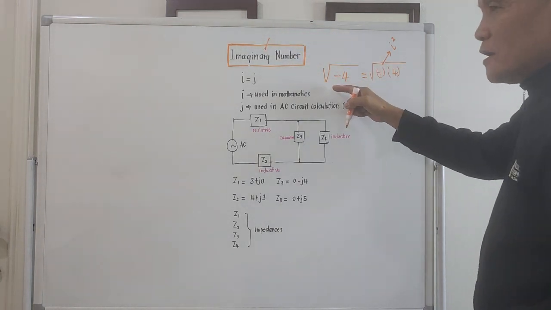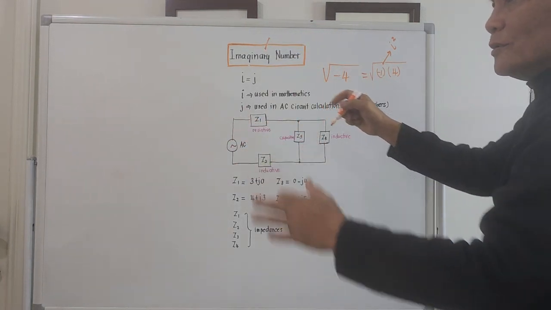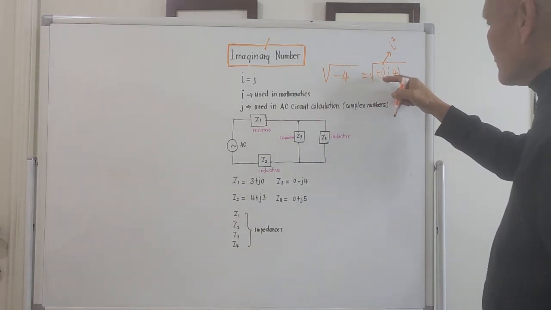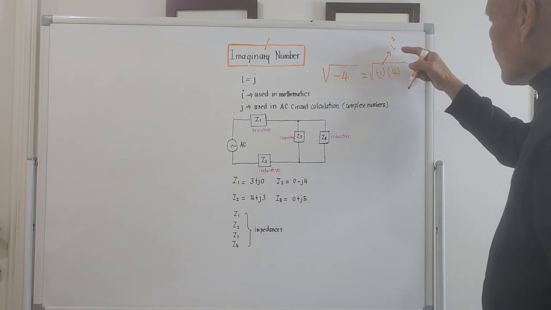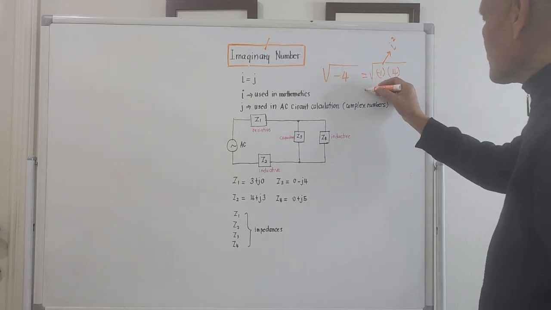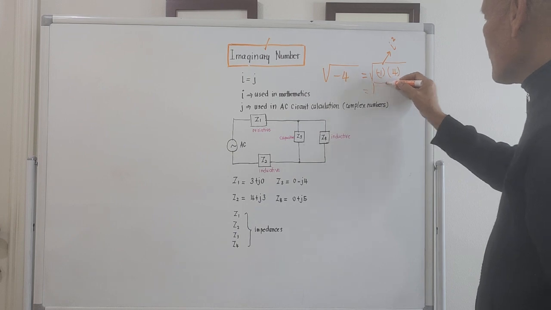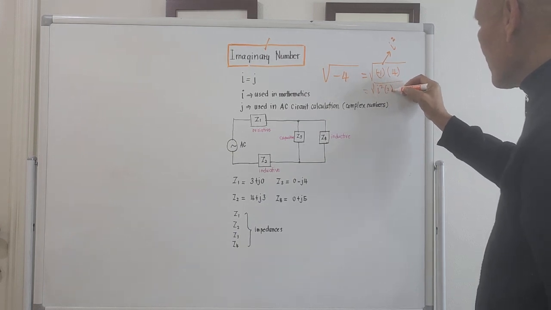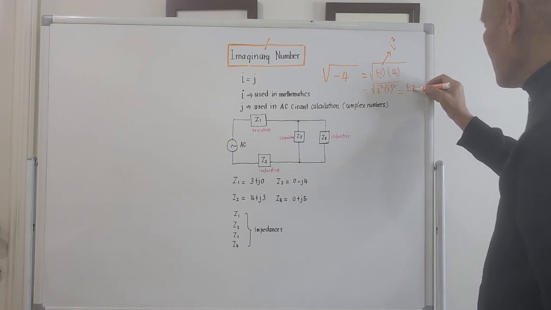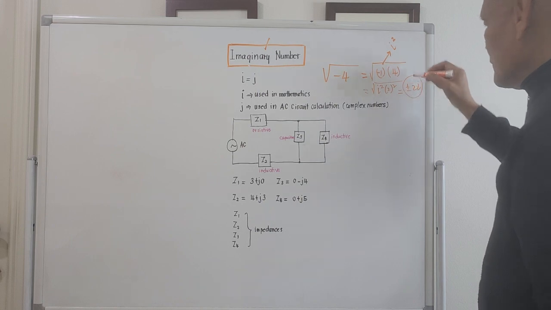So we replace -1 by I square, and this becomes the square root of I square times 2 square, or what will come out will be plus or minus 2i.